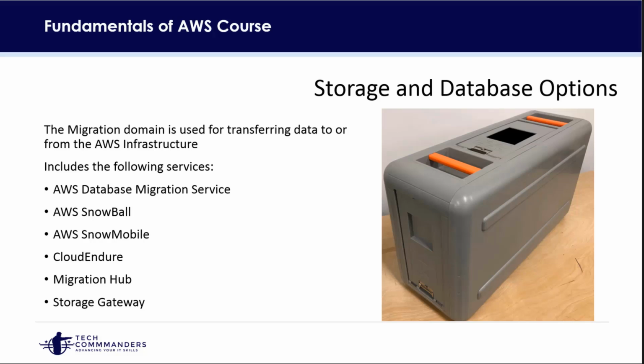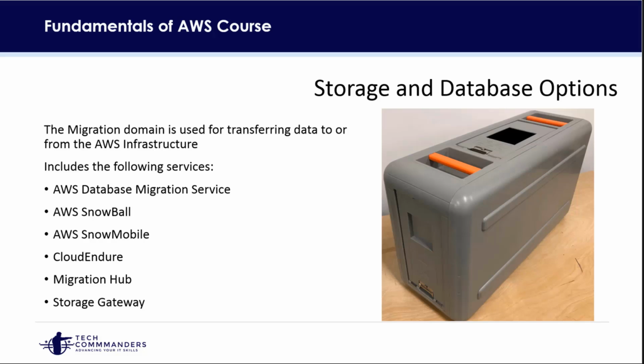And then there's basically migration tools, I guess is the way I could sum it up. But basically, when we think of migrations, we need some kind of way to migrate from on-prem to AWS. So that's where Snowball and Snowmobile come in.